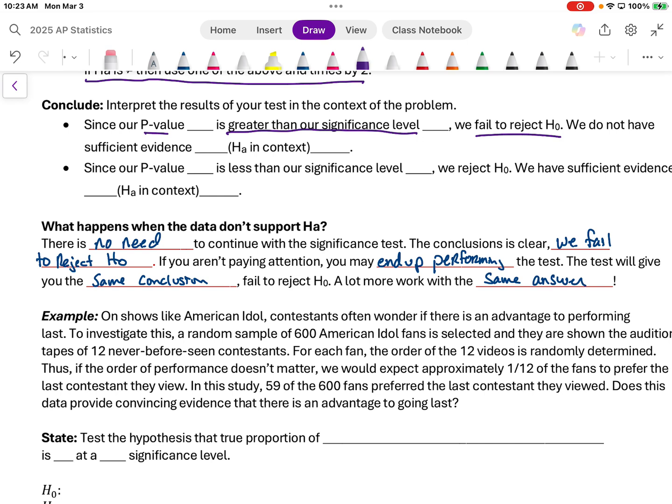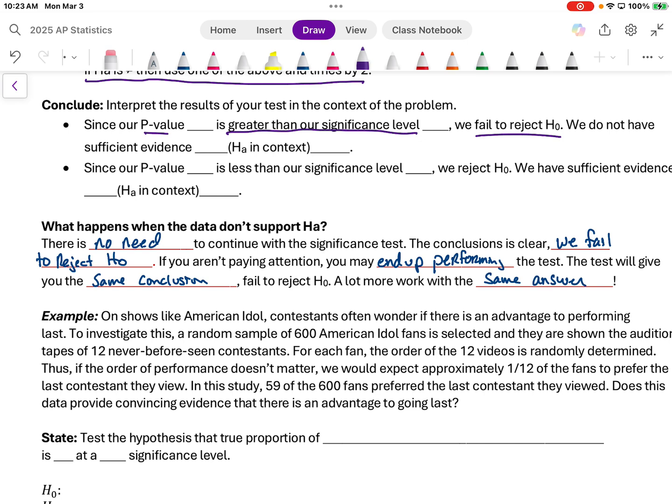So if we have, for example, a p-hat that came out to be like 20%, and we're thinking that the actual amount is greater than 50. Well, in our one sample, is 20% greater than 50? No, so there's no point in doing the test because we're not going to have any evidence for it.